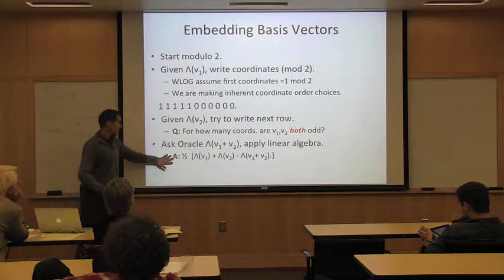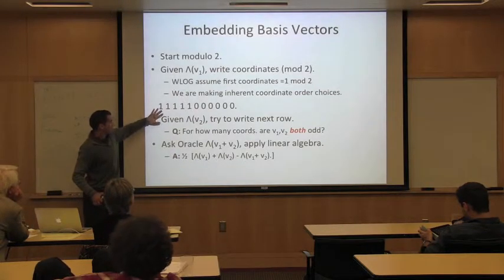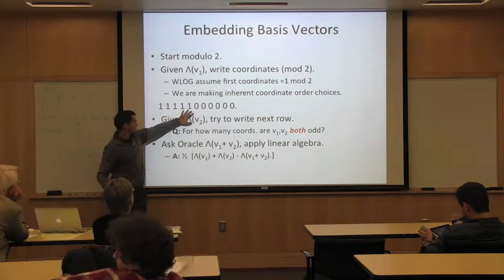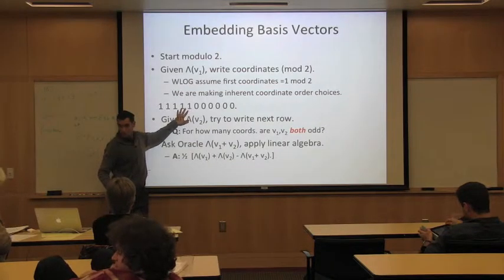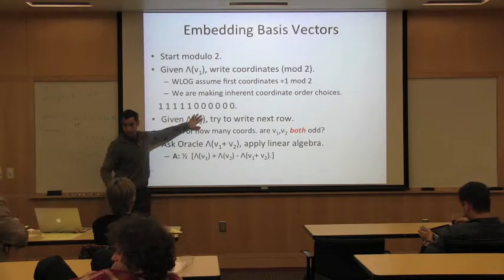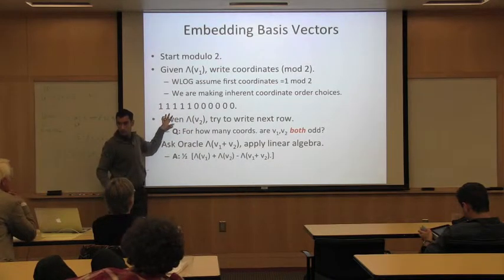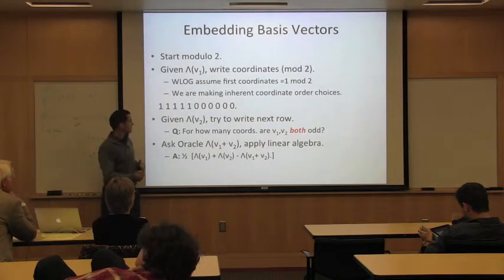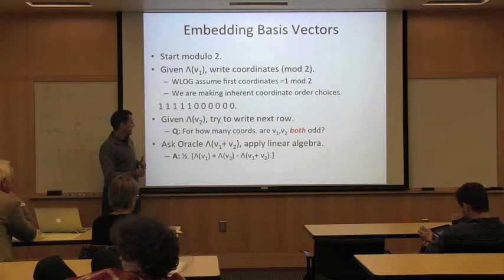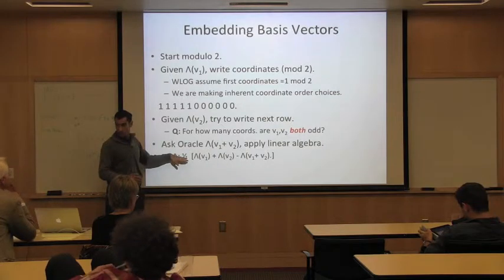So basically, by using this linear algebra, you figure out what V2 should be, and you say, well, where should I write down the 1 coordinates of V2? Okay, based on the number of 1s in V1, the number of 1s in V2, and the number of places where it overlaps. Then you do the same thing with V3, and each time you may need to do a little bit of linear algebra.